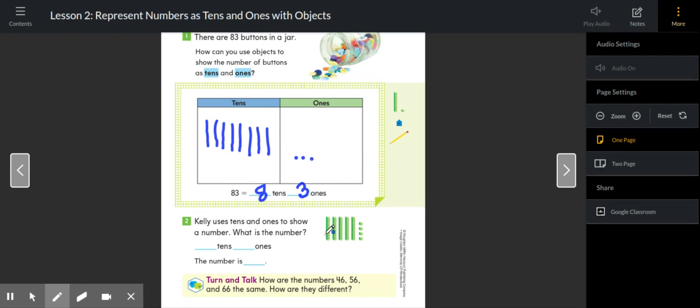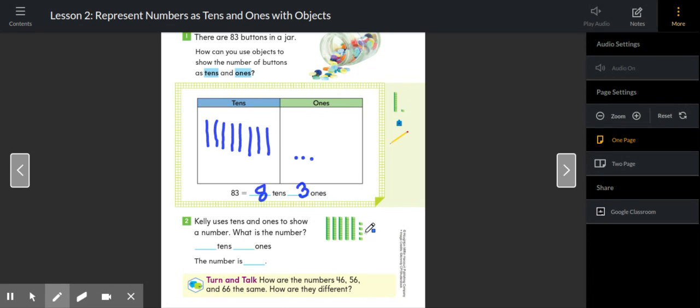Kelly uses tens and ones to show a number. What is the number? I'm going to show you a really fun way to count cubes. So this is my favorite. Of course, this is equal to 10, so you're going to count by 10. So count with me. You ready? 10, 20, 30, 40, 50, and then we're not going to go 60, 70, right?